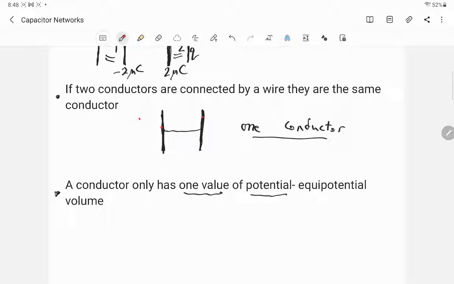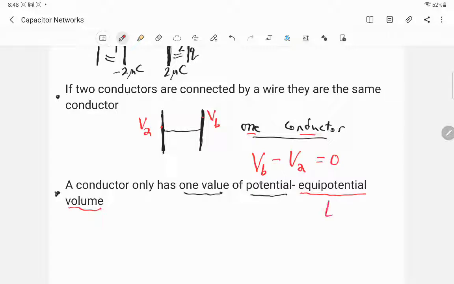You might say that the potential right here has the value V sub A, and the potential right here has the value V sub B. If it is one conductor, that is, they're connected to each other, then there cannot be a difference between the values of the potential. And this is really important. Remember that a conductor is an equipotential volume.